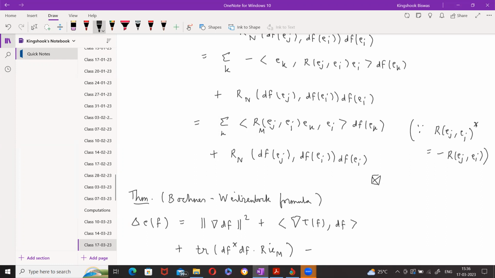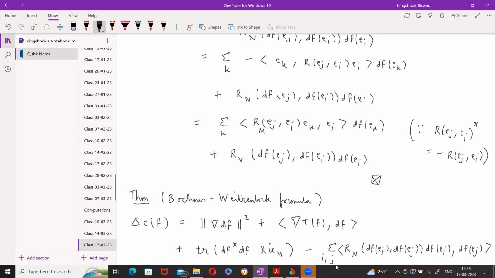And then minus, I have the sum over i, j of some curvature terms, R^N(df e_i, df e_j) acting on df e_i, inner product df e_j. That's it.